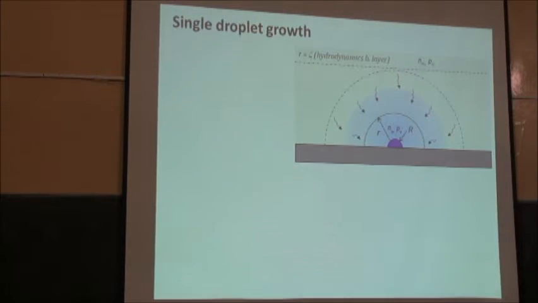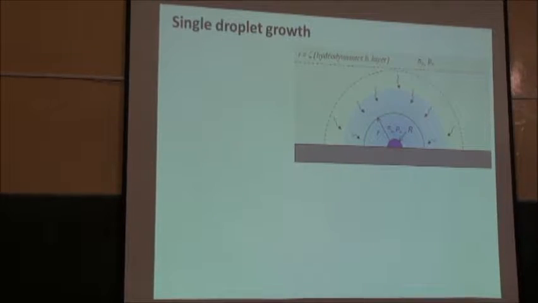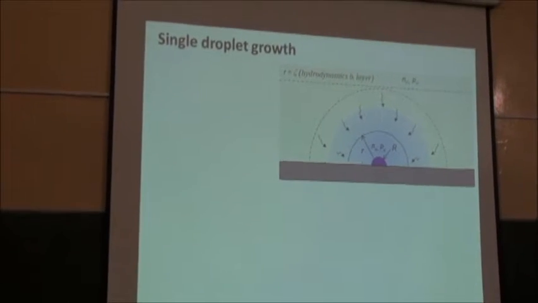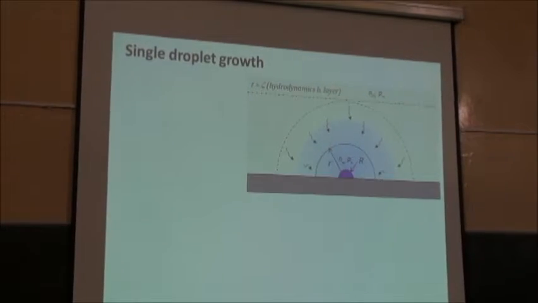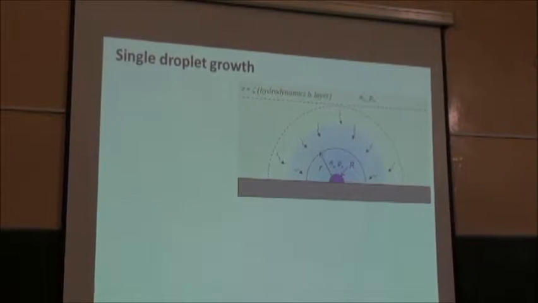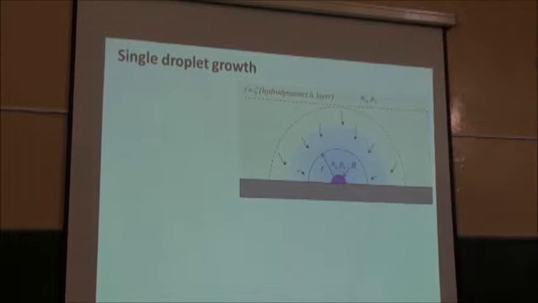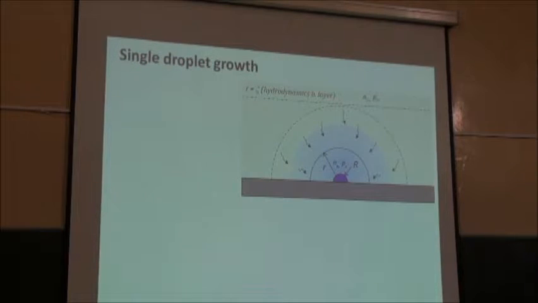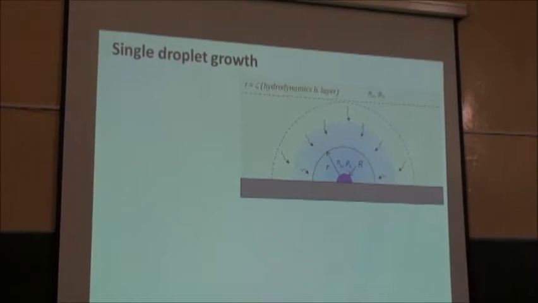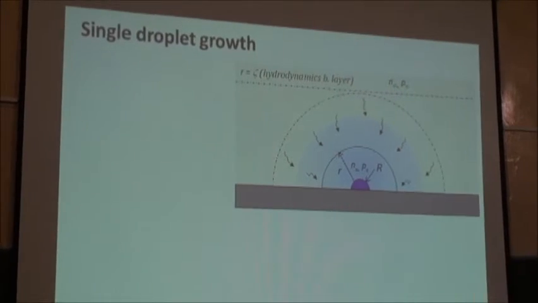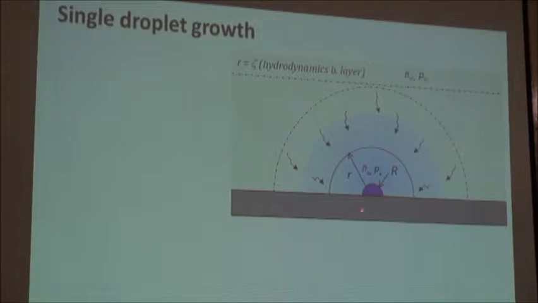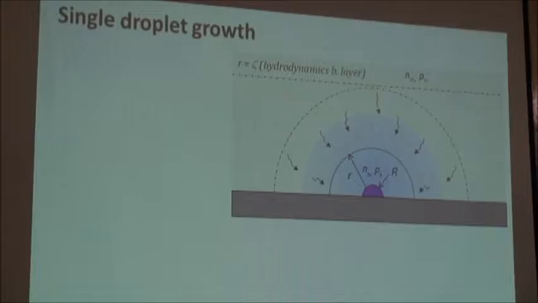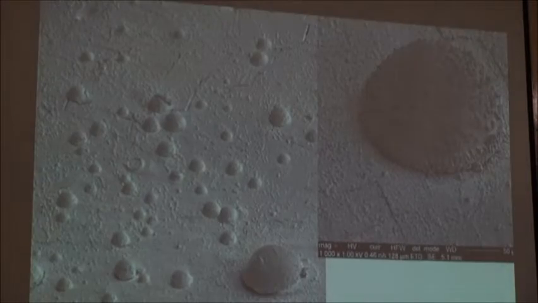Okay, now in order to understand this motion, I have to tell you a little thing about the growth of droplets. For those of you who were at my talk on Monday, you know everything, so please excuse me. But you know that if you have one single drop, and that's the case here, the drops are rather isolated.